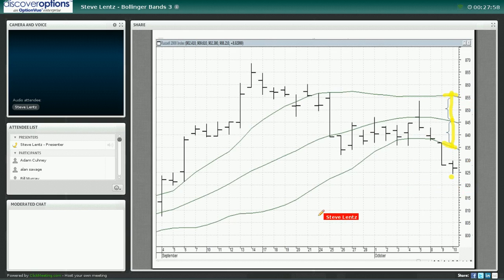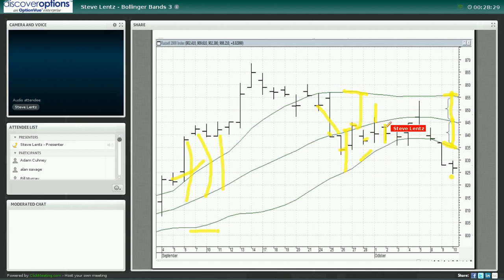All right? So what you'll have then is as price gets farther and farther away from our average, you can see that the bands will begin to widen. The standard deviation will grow, and as the deviation grows, the bands widen. When price comes down closer to the mean, and if it stays closer to the mean for a few days, you're going to eventually start seeing that the bands start getting narrower towards each other.